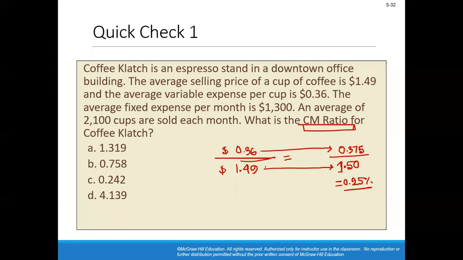Because the numerator and the denominator are a little bit lower than 1.5. So the variable expense ratio should be somewhat lower than 0.25, and the contribution margin ratio, which is 1 minus the variable expense ratio, is closer to 0.75. You see that this number is 0.758. So this should be your answer.